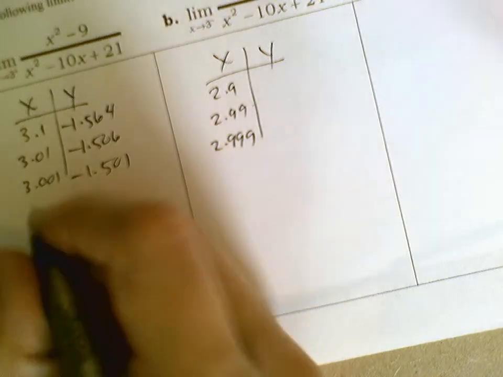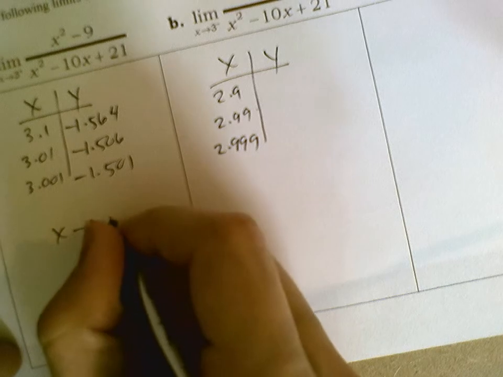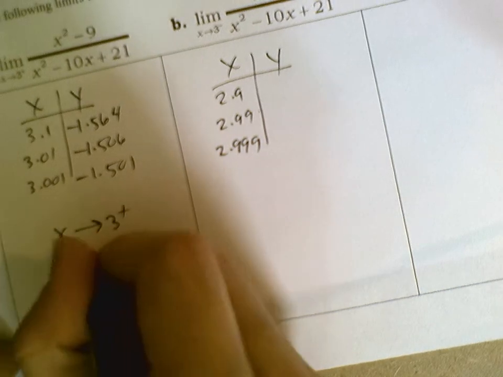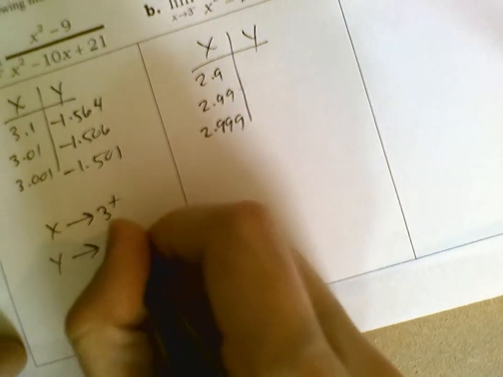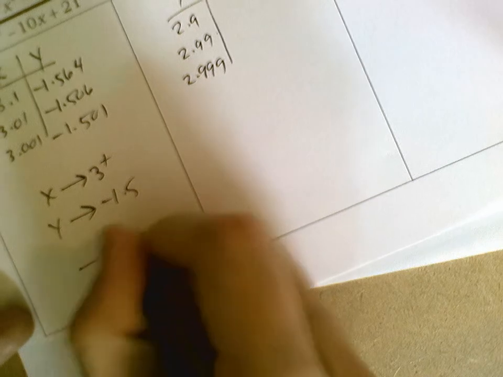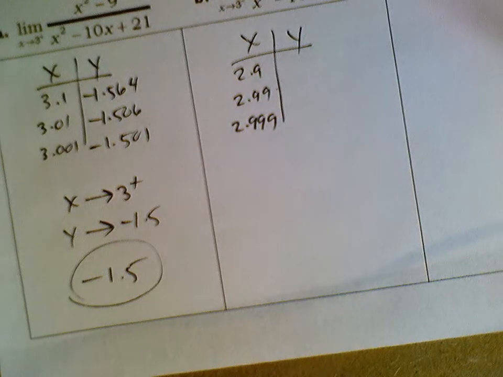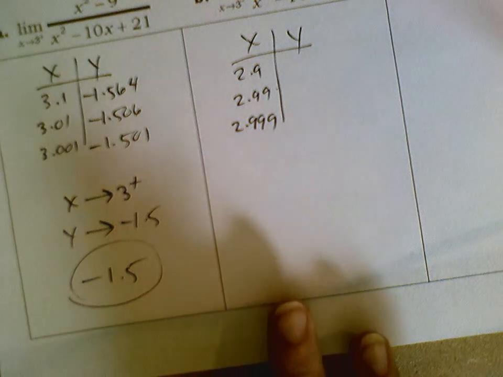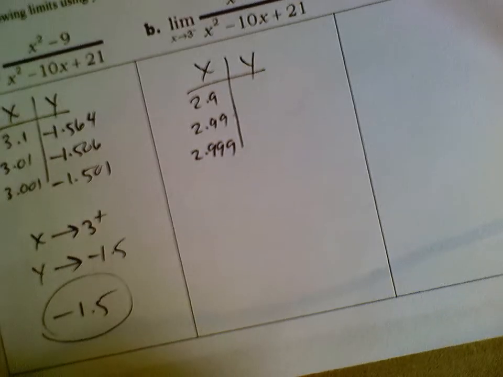And it looks to me, guys, that as x is approaching 3 from the right, the y values are approaching negative 1.5. So negative 1.5, I'm circling that. That is the right-hand limit there. That's the answer to the limit at the top of that column.